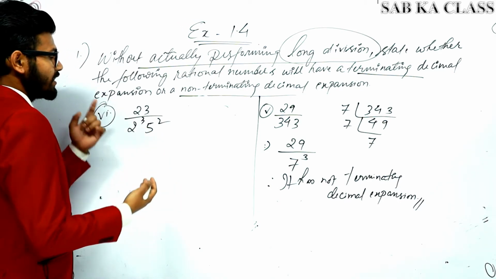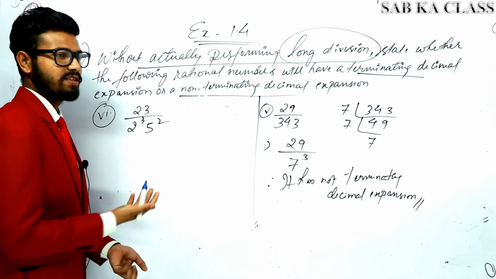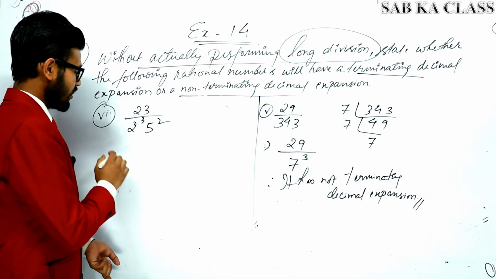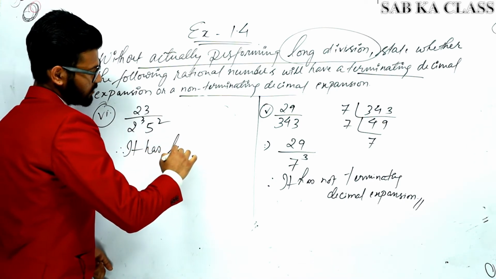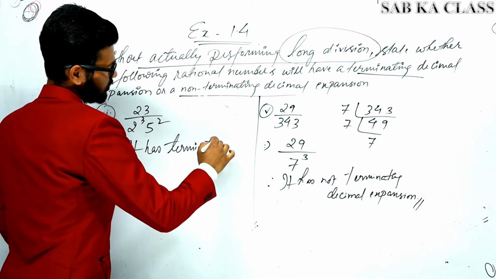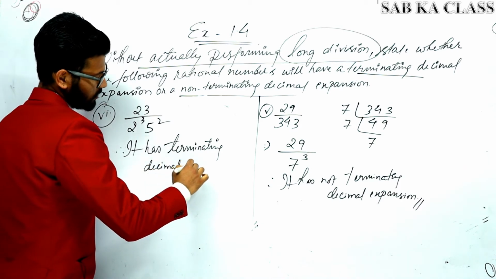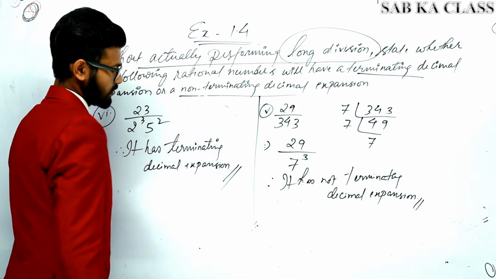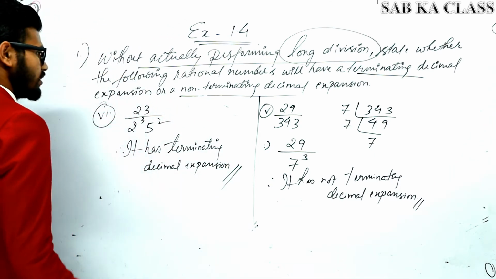By looking at the question, we can say it is a terminating decimal expansion, because the denominator is expressed in the form of 2^m into 5^n. Therefore, it has a terminating decimal expansion. I hope it is crystal clear. Very good. Let us proceed to the next question.